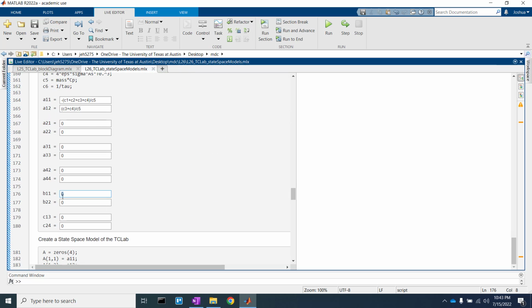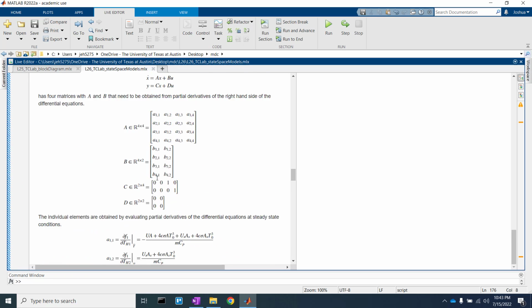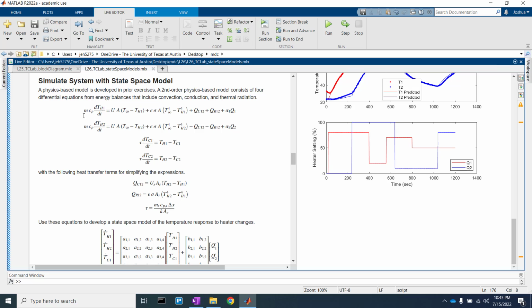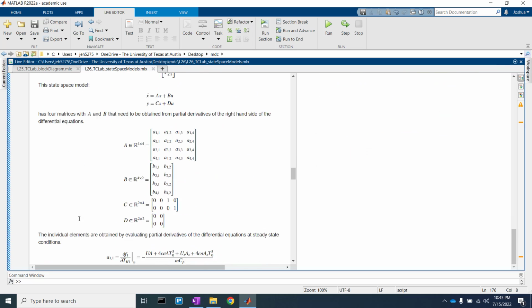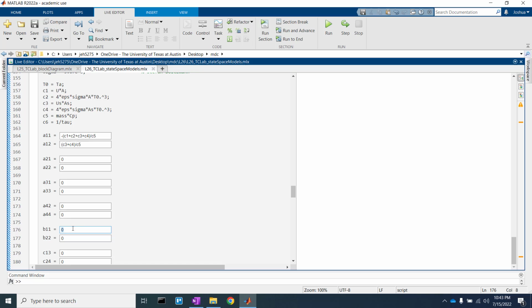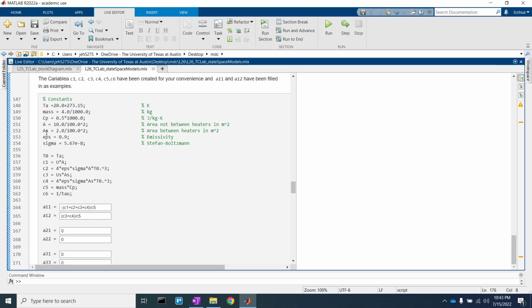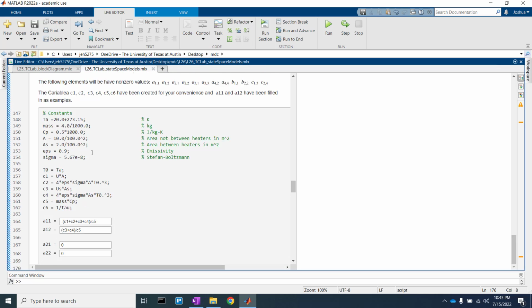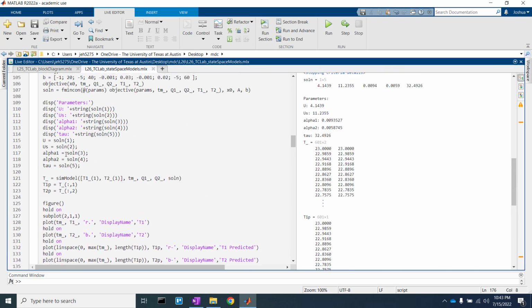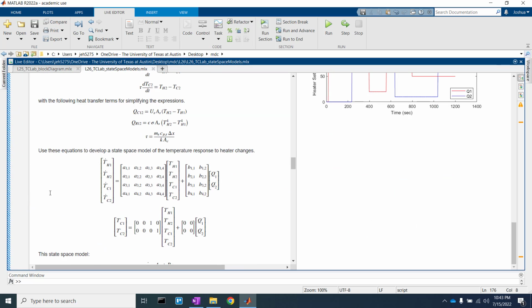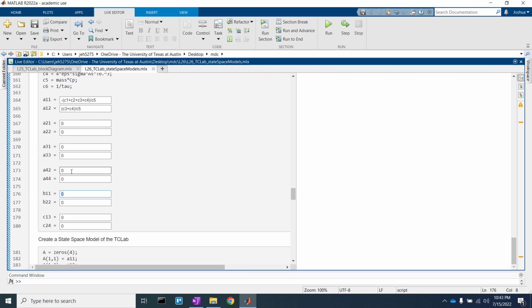Our B11 is going to be alpha 1, that's what it's called, divided by this MCP, so divided by C5. So this isn't that bad.